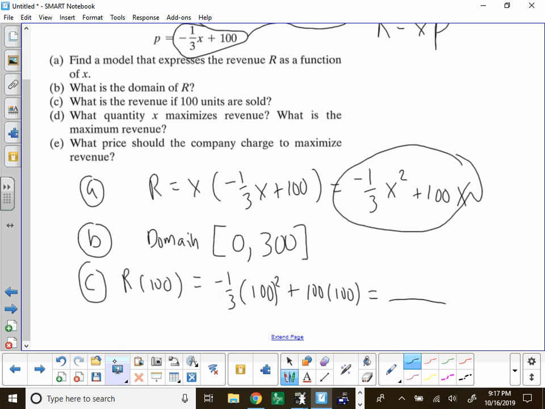That'd be a good thing to type into the calculator. The answer is $6,666.67. Let me count all my sixes here. It's all the sixes. So $6,666.67. All right.